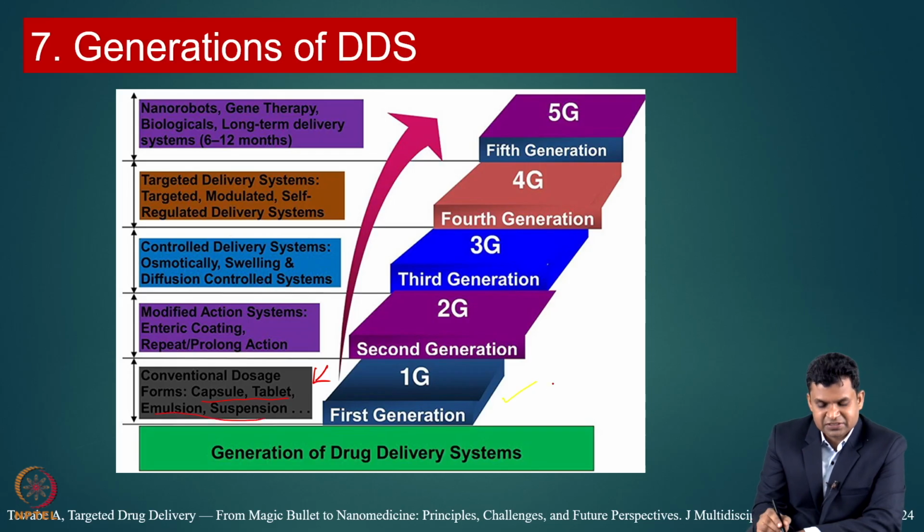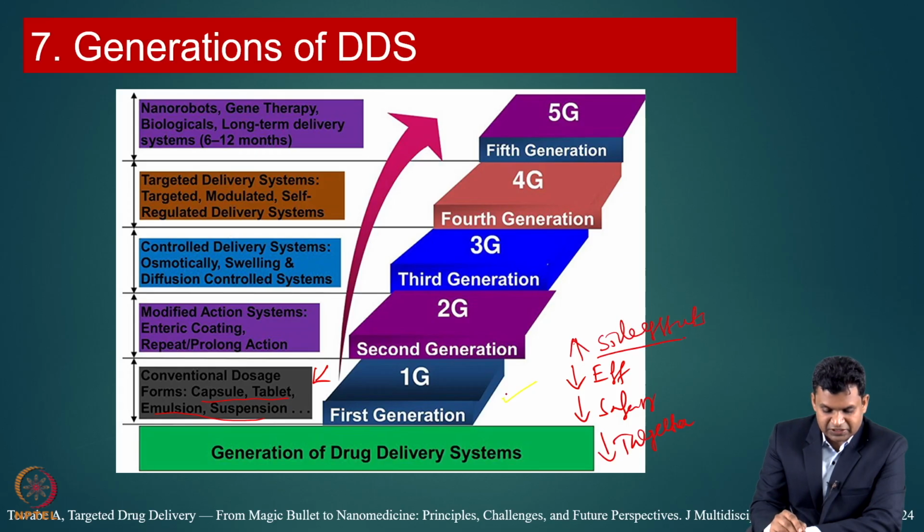Already we have discussed here the efficacy is low and safety is also low, and these are not targeted, and they show the maximum side effects. So, these are some of the limitations of the first generation.